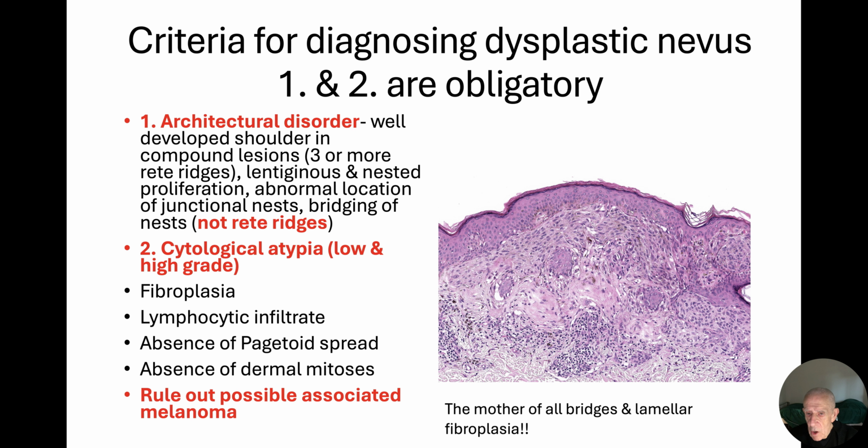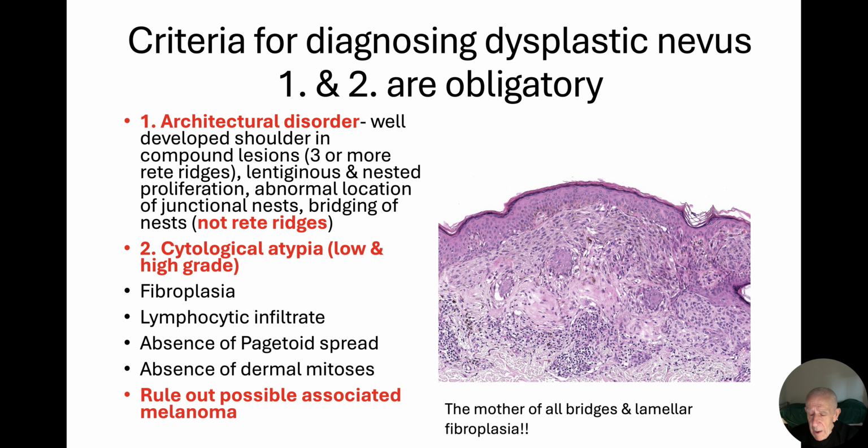They're not necessarily present at the tips of the rete ridges, and are often found along the sides of the rete ridges and sometimes overlying the dermal papillae. And bridging, as you can see on the slide on the right, which is an amazing example, is a feature that's commonly present.